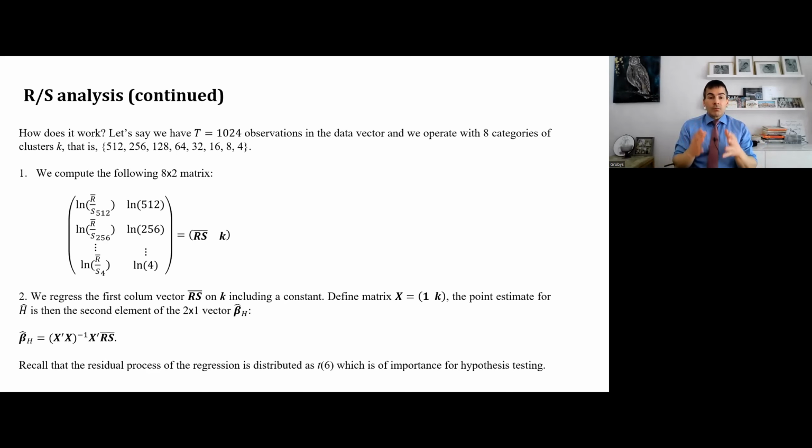But since we most likely do not have that many observations, especially if we operate with monthly data, like we usually do in financial research, if we have 1,024 observations, in this case we can operate with 8 cluster groups, right? And then the corresponding reference distribution is t distributed with 6 degrees of freedom.